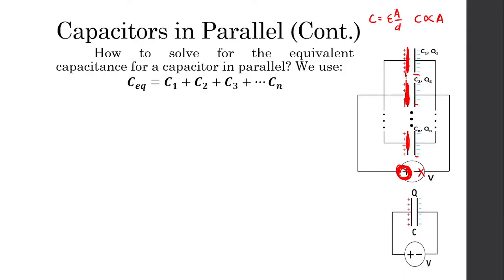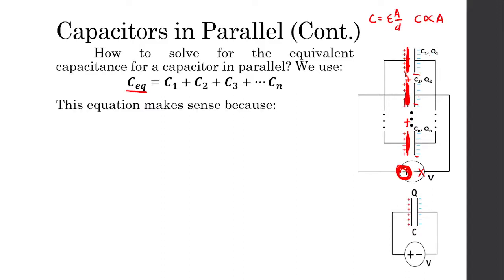So the area of this plate plus the area of this plate plus the area of however many plates you have. In the end, what is actually happening is you're combining all of these individual plates together, and the equivalent capacitance is just the total capacitance of the whole parallel capacitors.